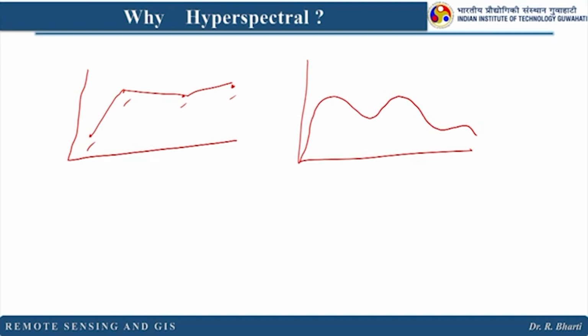That is why you have continuous spectra here, right, and this can capture this absorption feature which was missing here, right. So, that is why hyperspectral becomes very popular nowadays for quantitative analysis, right.